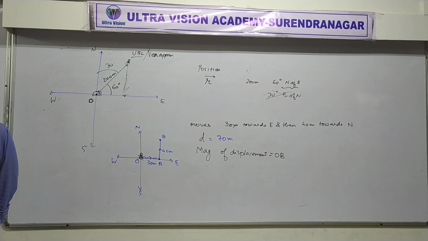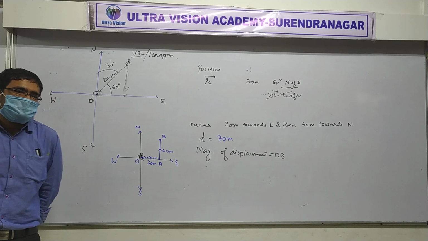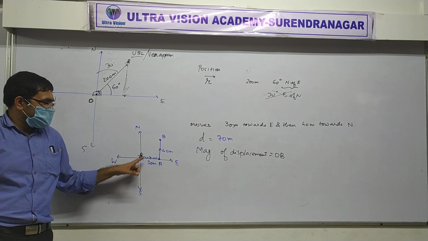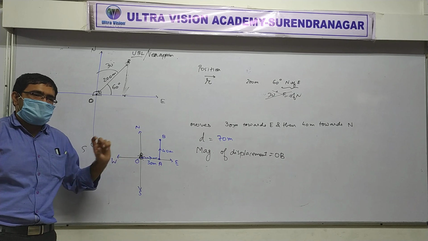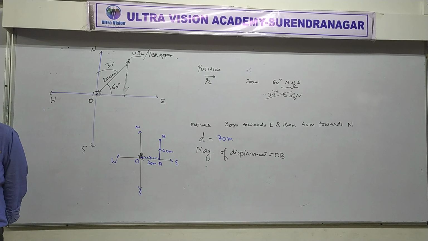Magnitude of displacement is the shortest distance between initial and final. Yes, Himakshi? 40 meters. Why? Because of the Pythagoras theorem.